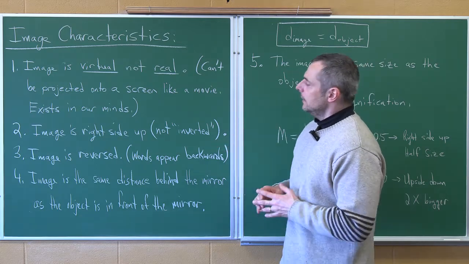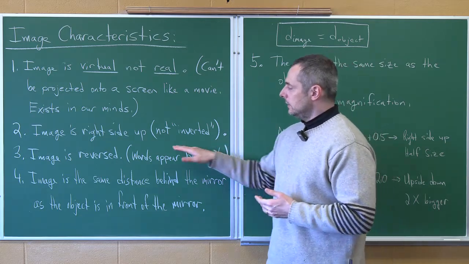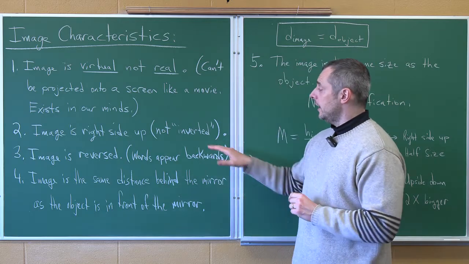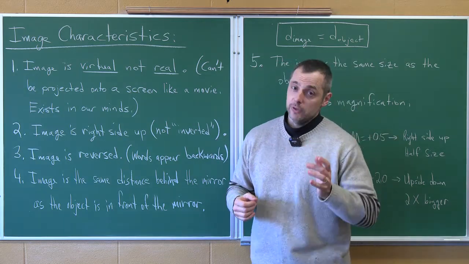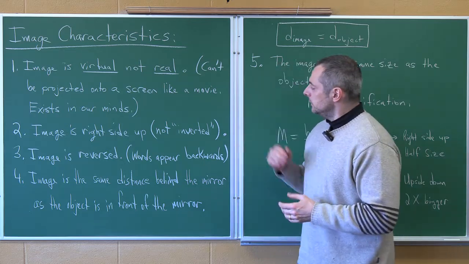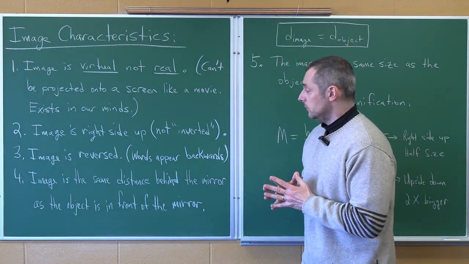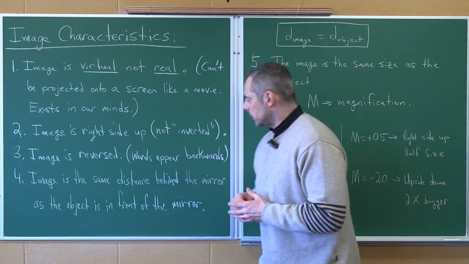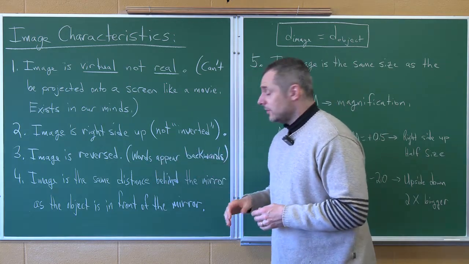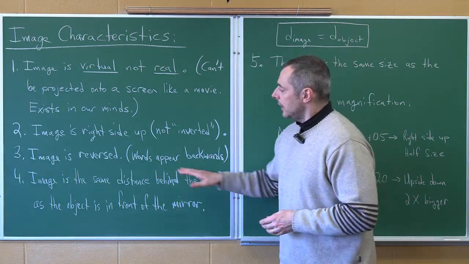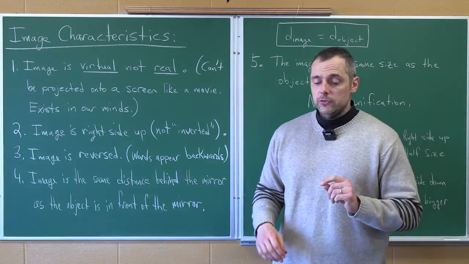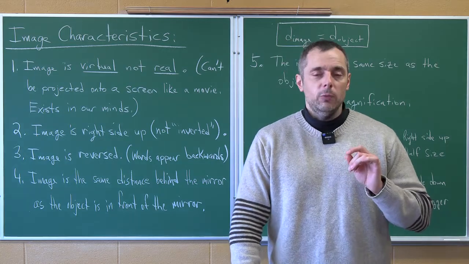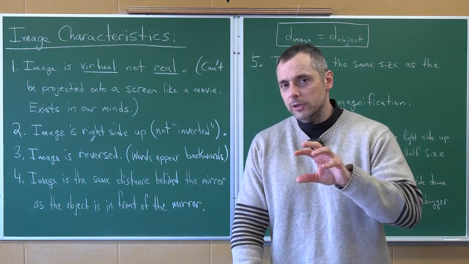The second summary statement is that the image is right side up. If it's upside down, in optics they typically say inverted. You could say upside down, but just know that the word they use typically is inverted. The image is reversed. What we mean by that is left is right, right is left. Words appear backwards, for example. You may have noticed, when you're driving around, you look at an ambulance.